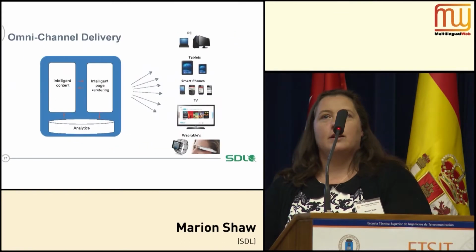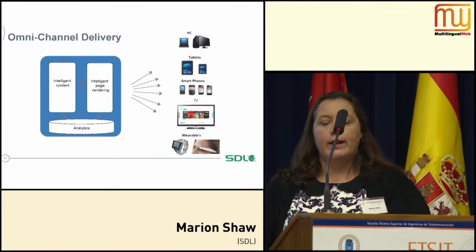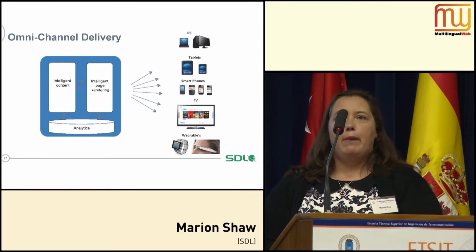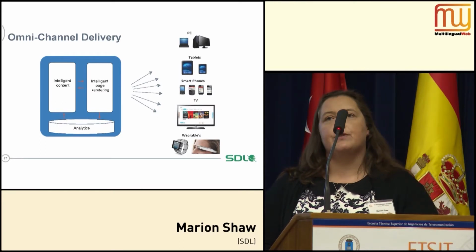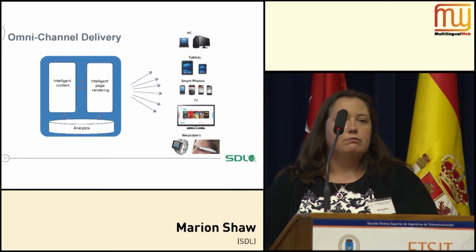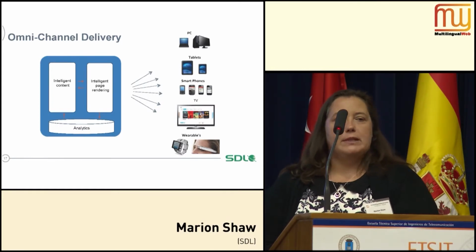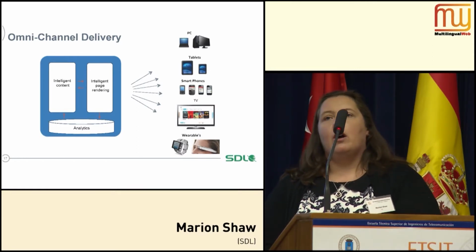Not magic. We call it omni-channel delivery, and this is what happens. You write your content once, and we call it intelligent content. So you write your main content, and you give it tags, and you tell it this is for this device, this is for another device. And then we have a piece of software that does intelligent analytics. So when somebody asks your website for information, it detects what kind of device you're on, what kind of screen you have.